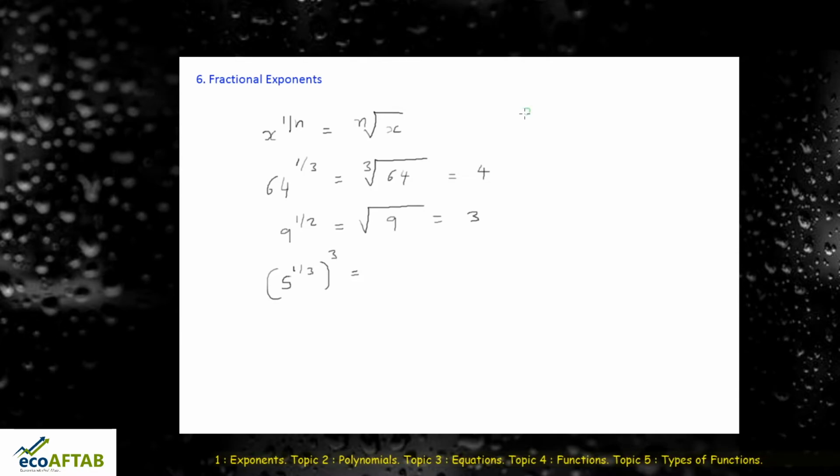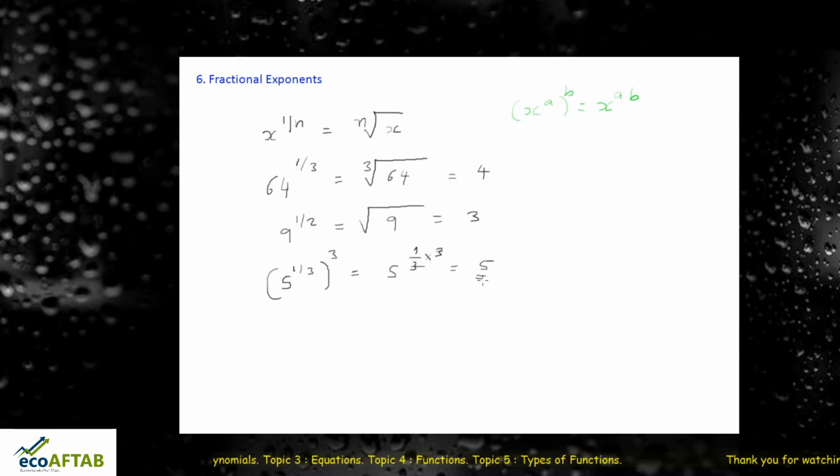Power rule, x raised to a the whole raised to b, that is equal to x raised to ab, where we are multiplying the exponents. So here friend, I can write it as 5 raised to 1 upon 3 into 3. So 3 and 3 gets cancelled, what remains is 5. I am mixing the fractions with power rule. So what we are getting back is 5. I hope it is clear.